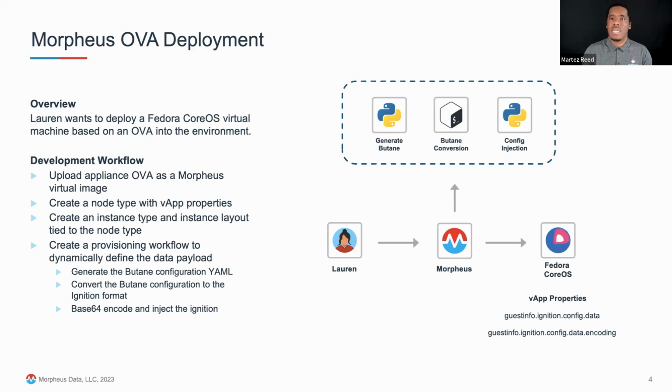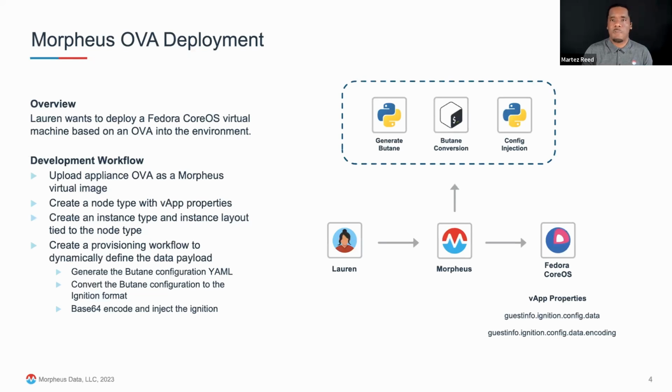It is an encoding. In this case, the encoding is utilized to specify the data payload that's going to be passed. So we see that we have the guestinfo.ignition.config.data that is expected from this particular appliance. So the encoding is going to specify what format that data is being passed as.